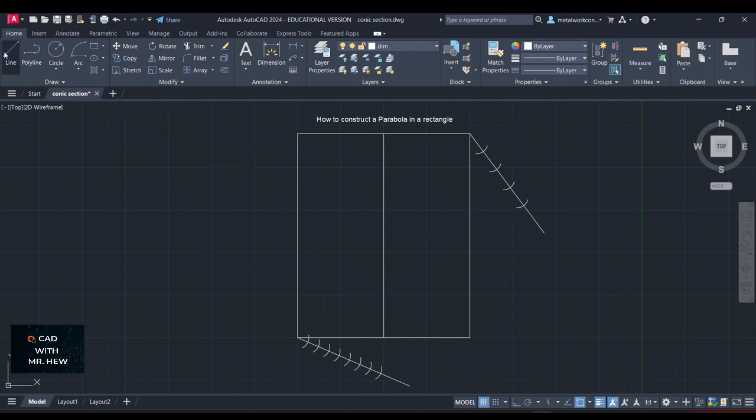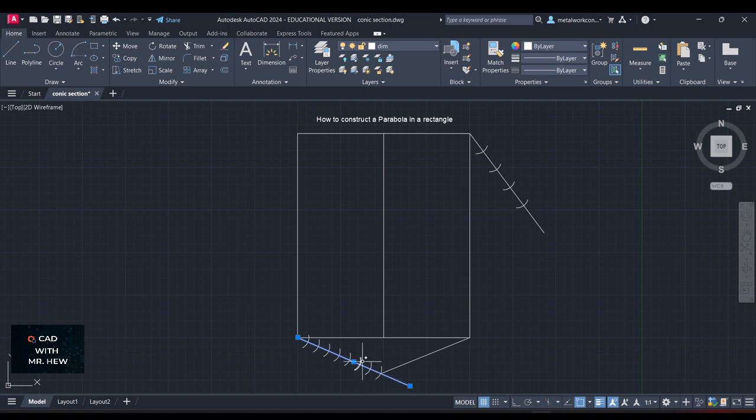So we're gonna draw now a line to the end there, enter. And what we're gonna do now, we're gonna draw lines parallel to this line from where these arcs intersect this line.